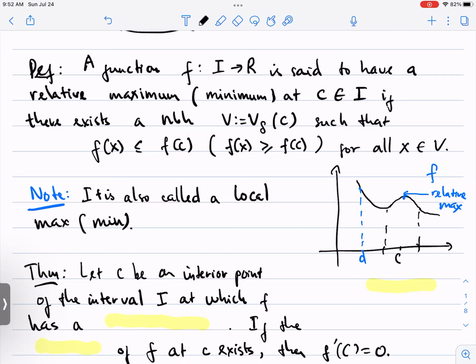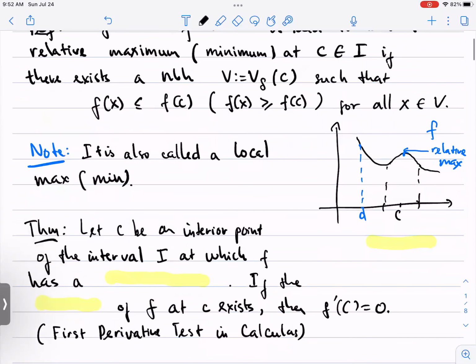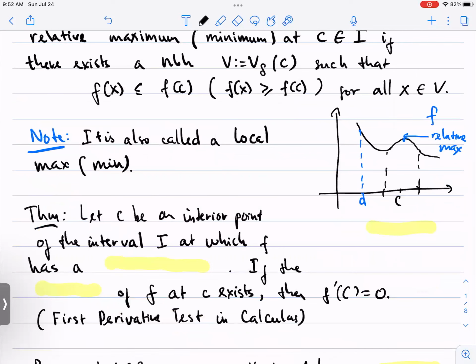So to better illustrate this concept, please take a look at this figure. In this picture, the function f has a relative maximum at the point C, that is f of C is greater than or equal to f of x for all x within a small neighborhood around this point C. However, if we go beyond that small neighborhood, then the inequality might not hold anymore.